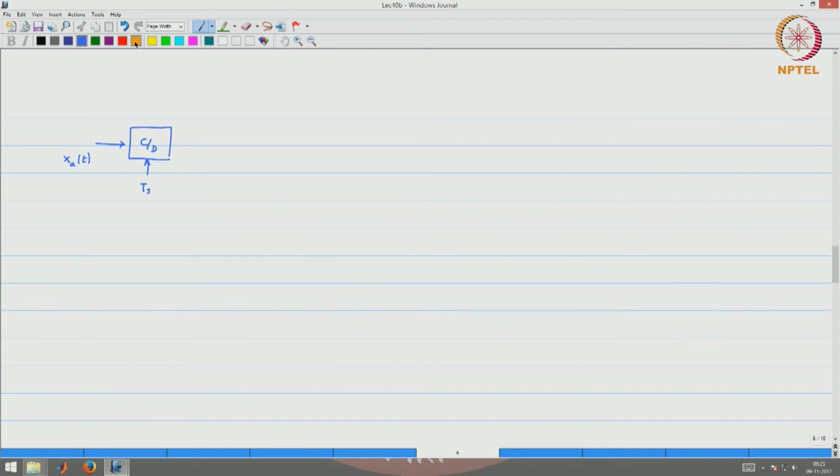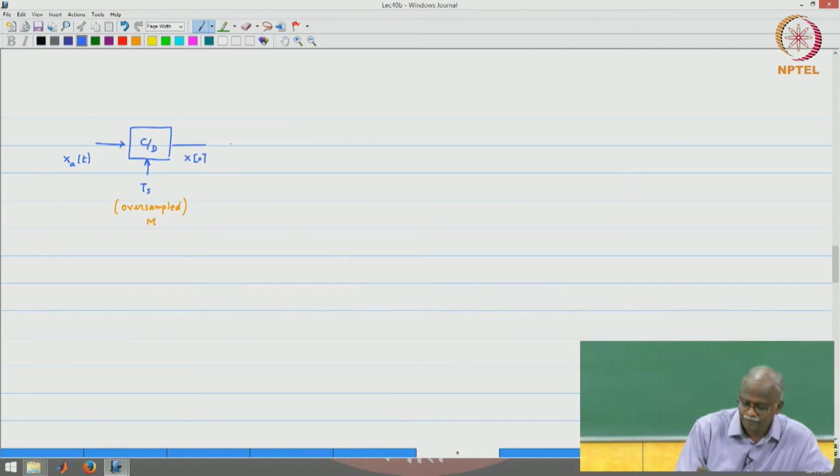Okay. Let me just put a little note there that it is oversampled, and let me also indicate the oversampling factor as M. Then at this point it becomes a discrete time signal x of n, oversampled.